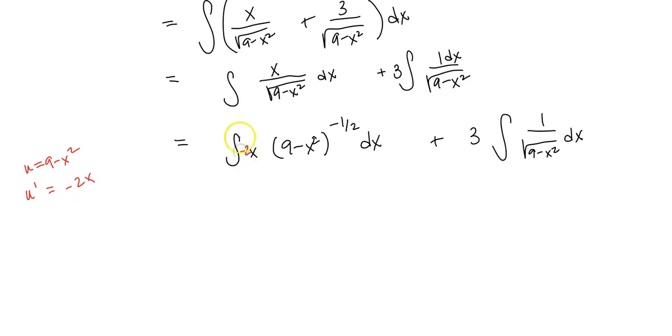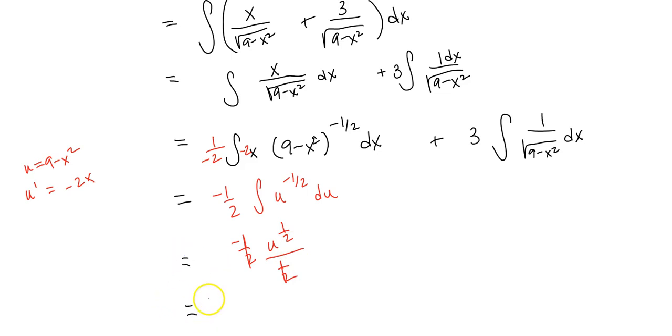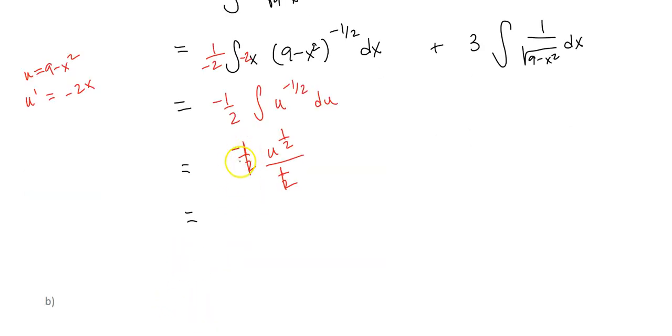So if I put a negative 2 here, I could divide by negative 2 on the outside. So this is going to give me negative 1/2 times the integral of u to the negative 1/2 du, which would be negative 1/2 times u to the positive 1/2 divided by 1/2, and the 1/2s would cancel. So from here, I would end up with a negative square root of 9 minus x squared.